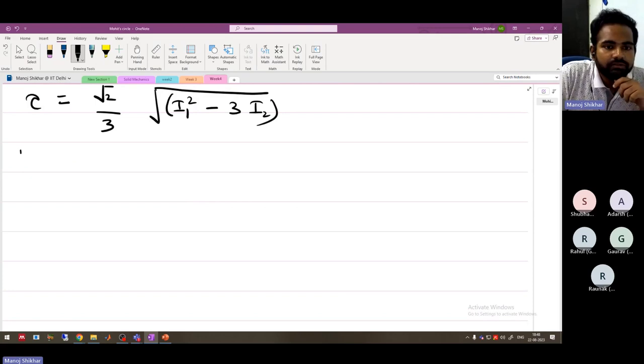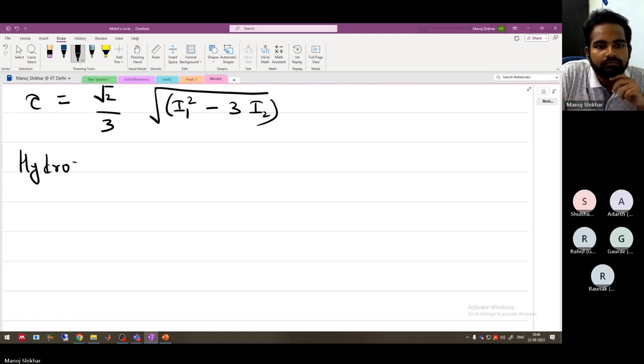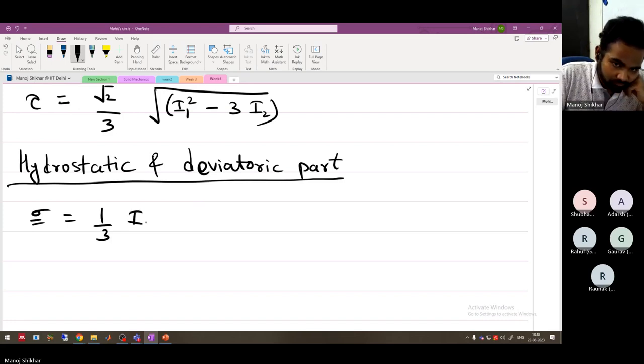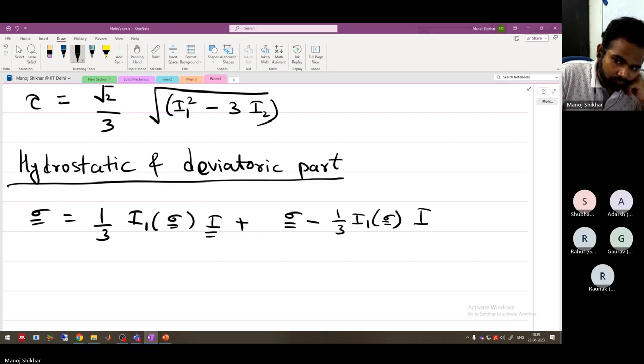Now the hydrostatic and deviatoric parts. We can write a stress as the sum of two parts.